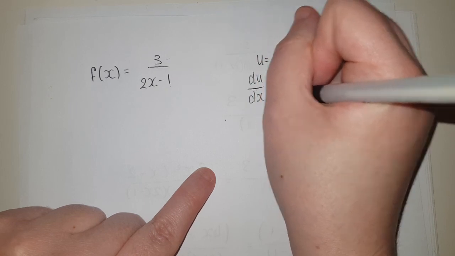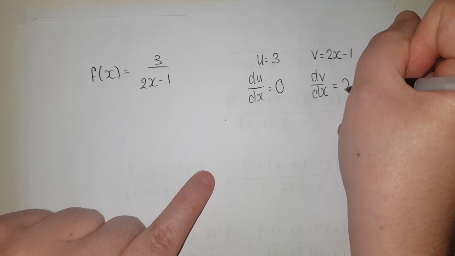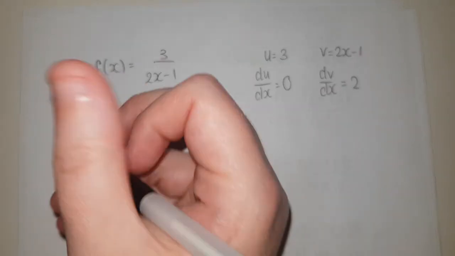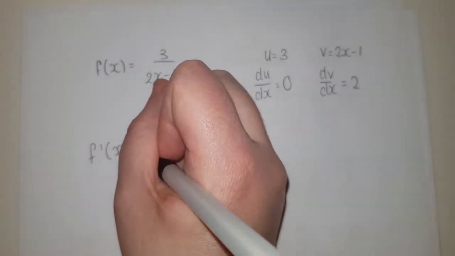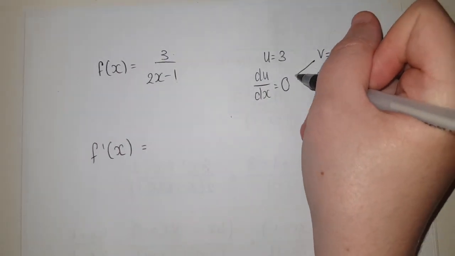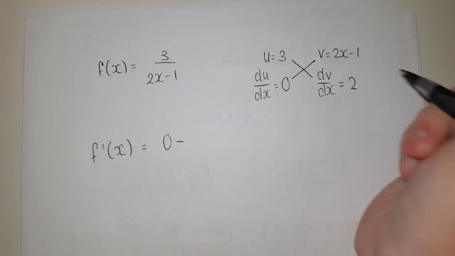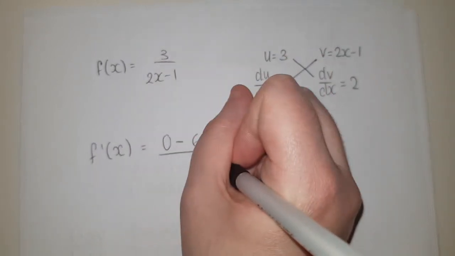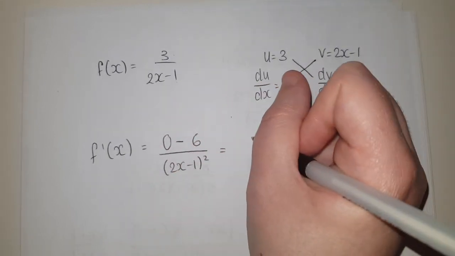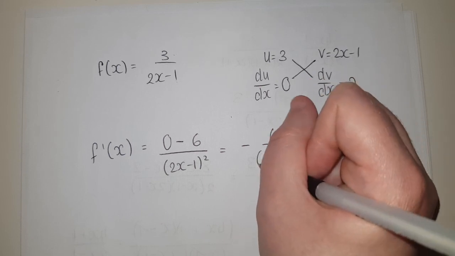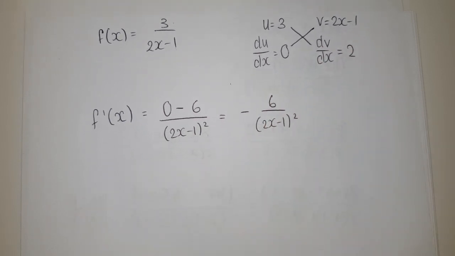If I differentiate 3, I get 0. If I differentiate 2x minus 1, I get 2. Now be very careful, this is the one where we keep getting the formula the wrong way around. So it's v du dx, well that's just going to be 0, minus u dv dx, which is 6, over v squared, so 2x minus 1 all squared. So I've got this as my differentiated function.